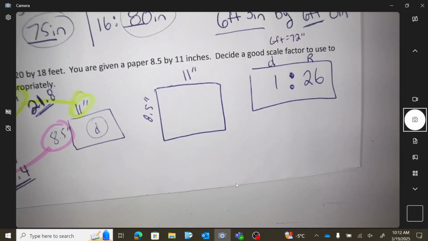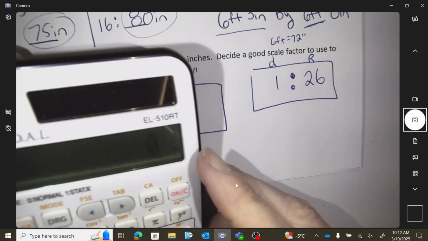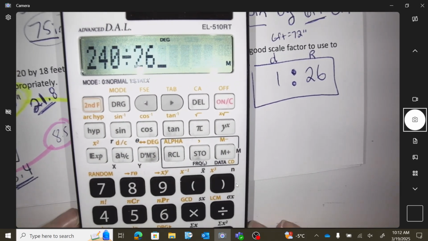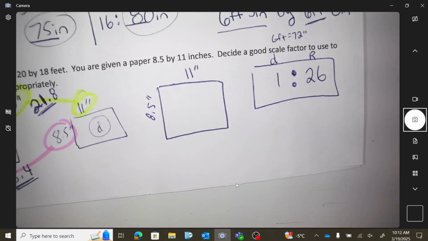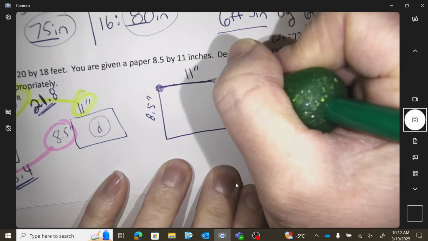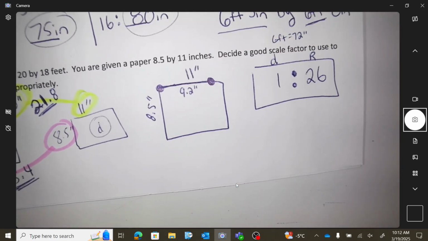Okay, so if this is my piece of paper, ready? I'm going to take the long side of the bedroom, so 240 inches. I'm going to shrink it by 26, which is going to be 9 point. So this bedroom is going to be 9.2 inches on my paper when I draw it.